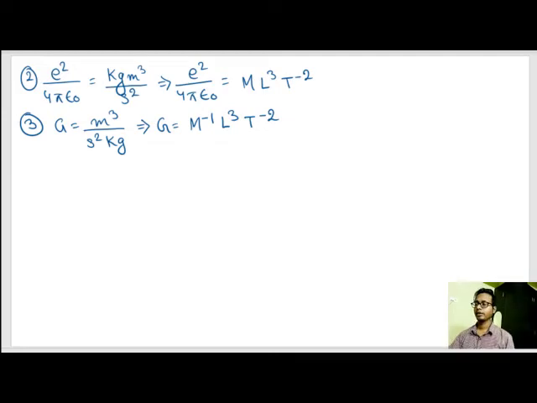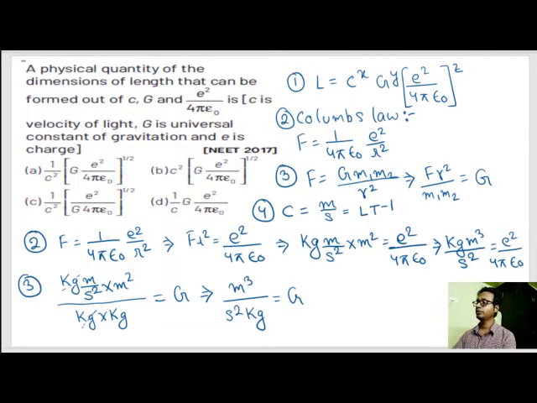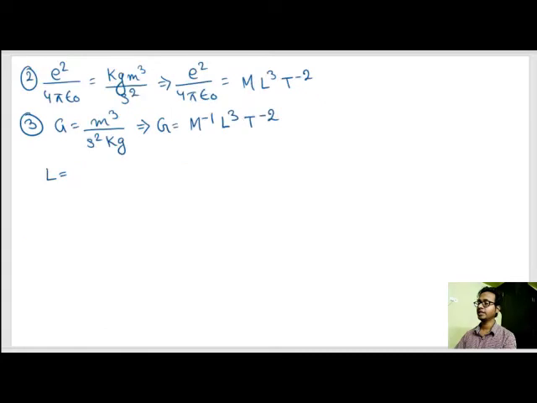Okay, now we apply the formula in Rayleigh method. So this G, e square by 4 pi epsilon naught and c have to form the dimension of L. So L is equal to, what is the dimension of c? C to the power x, or the dimension of c is LT minus 1, LT minus 1 to the power x.